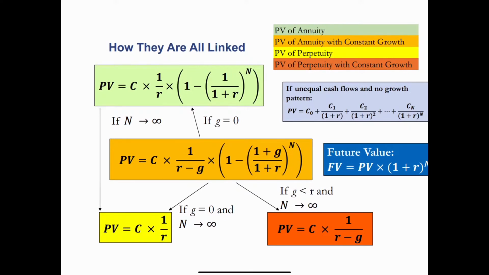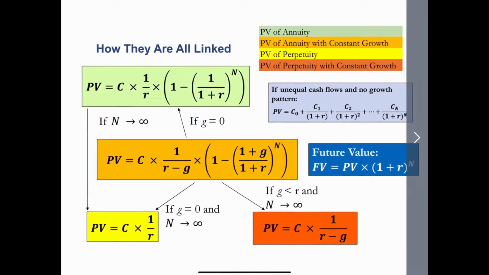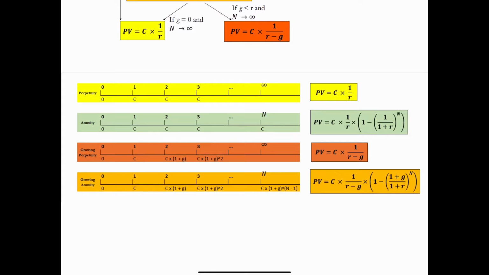So even though it's called an annuity, it doesn't have to be on an annual term, as long as it follows a periodic pattern, right? If it's a monthly cash flow, you can still use those formulas, but you want to use a monthly interest rate as well as a monthly growth rate, right? And that's what we learned in week 4, what we learned with Daniel.